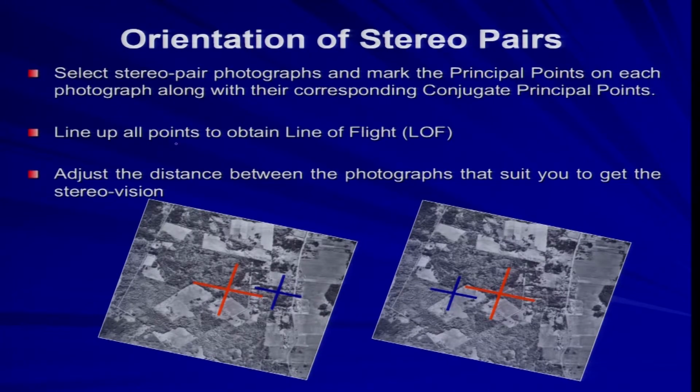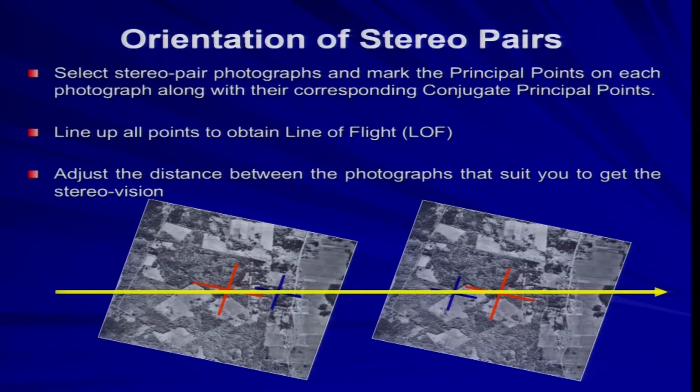Line up all points to obtain a line of flight. So, if you connect all this, this will be exactly the line of flight along which you have taken the photographs. Adjust the distance between the photographs that suits you to get the stereo vision.